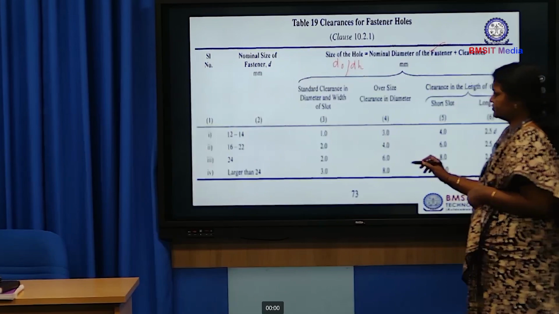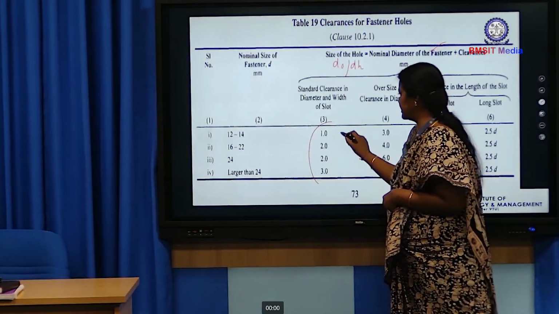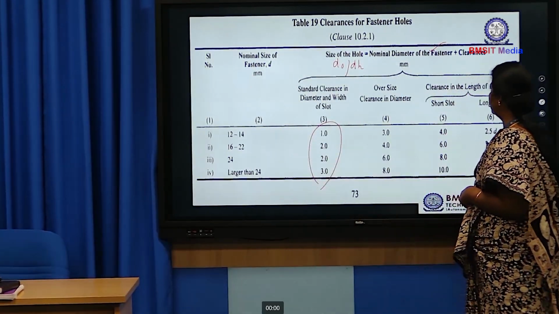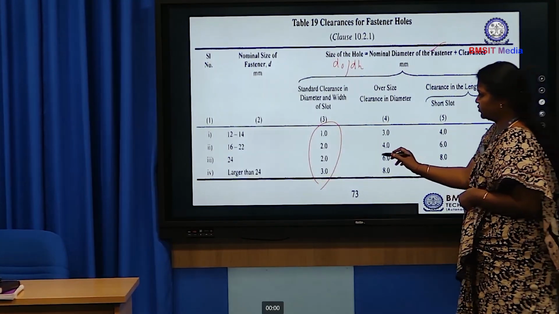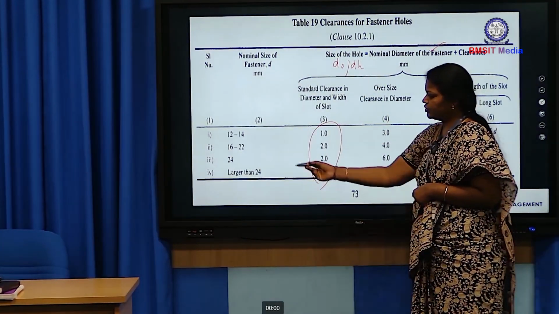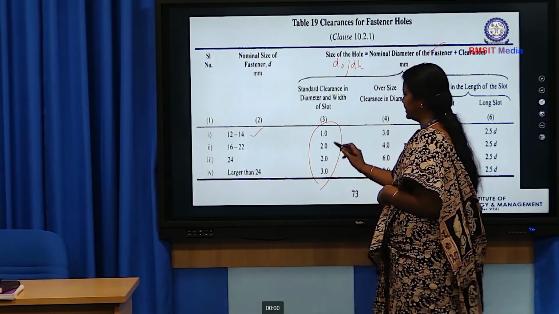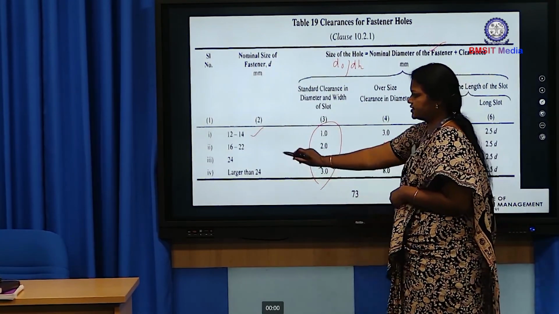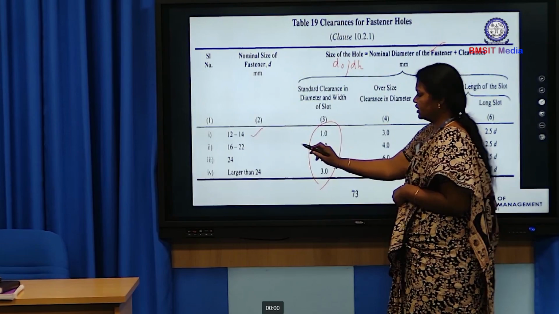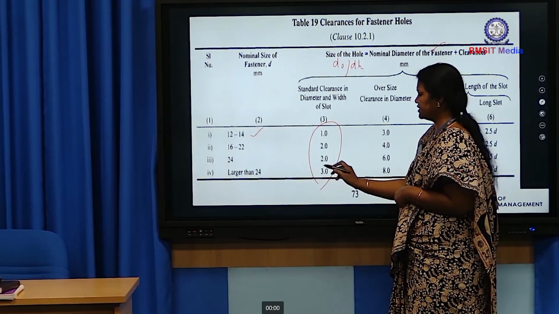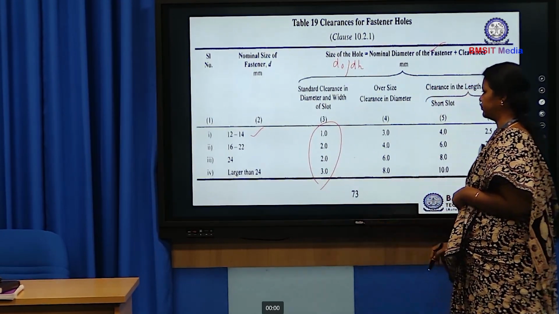Here we have to take the standard clearance, we do not want oversize. If the diameter of the bolt is 12 to 14 mm, the clearance is 1 mm, 16 to 22 means 2, and 24 also 2, larger than 24 means 3 mm.